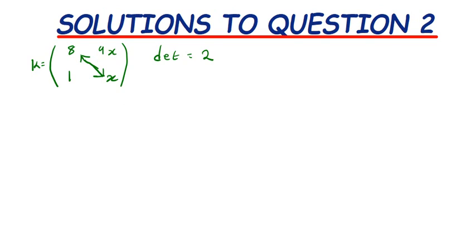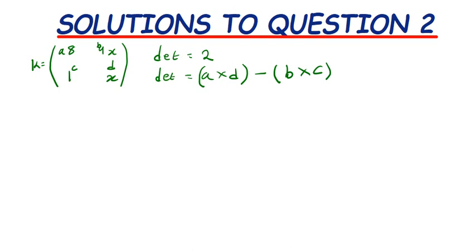Now what you have to do is indicate here A, B, C and D, and then you know that the determinant is given by det is equal to the major diagonal, which is A and D. So you say A multiplied by D in brackets, guys, do not forget brackets, and then you subtract, open bracket, the minor diagonal, which is B multiplied by C. So if you have this, it is easier for you to substitute the values.